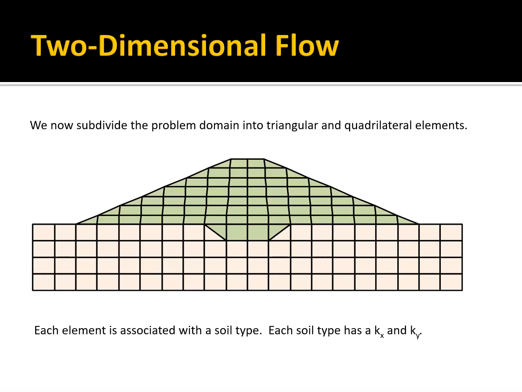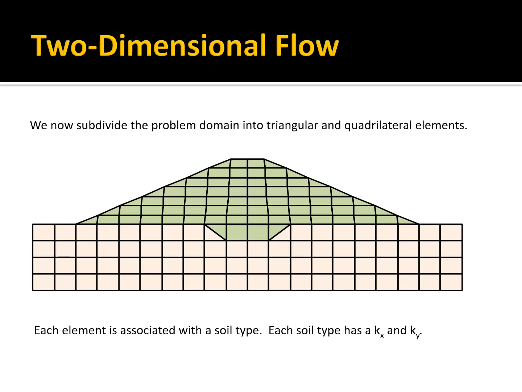Here we go. So for 2D flow, we subdivide the problem domain into a set of connecting triangular and quadrilateral elements. Now you can use all triangles if you want. In fact, that's probably the more common approach, but the point is you subdivide your problem domain into these two-dimensional elements, each of which has nodes at the corners and sometimes at the midpoints of the edges.